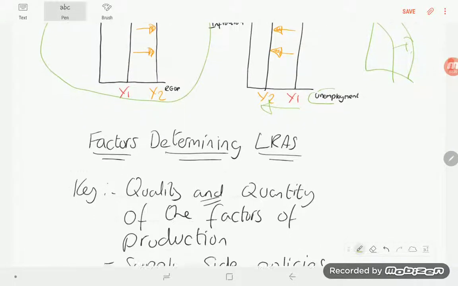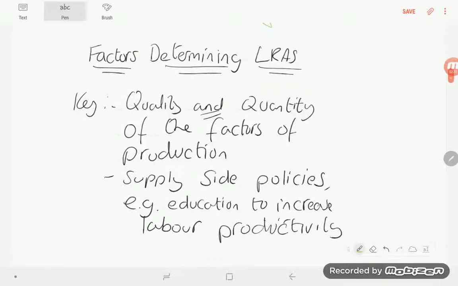Unemployment is falling. So what are the factors that determine long-run aggregate supply? Well, as you know, for the short-run aggregate supply, it's related to the cost of production. But with the long-run aggregate supply, it is to do with the quality and quantity of the factors of production.